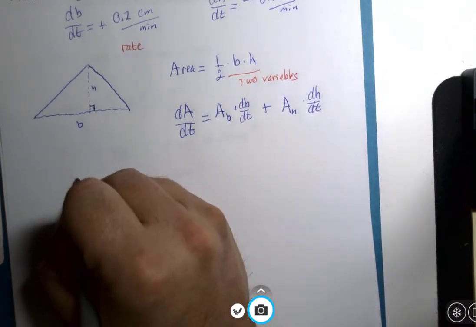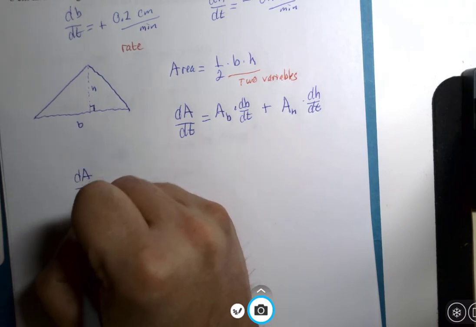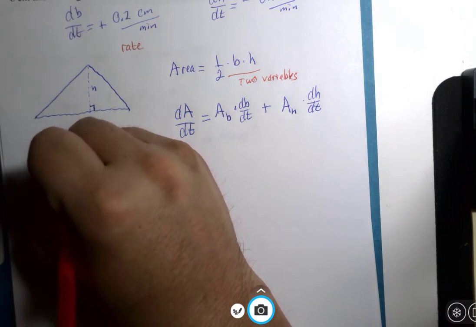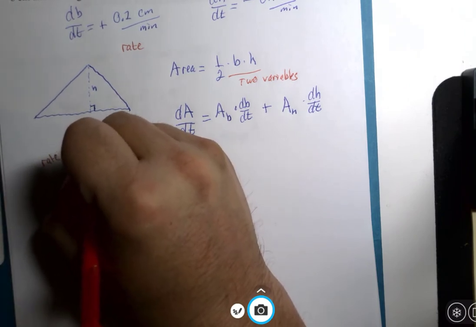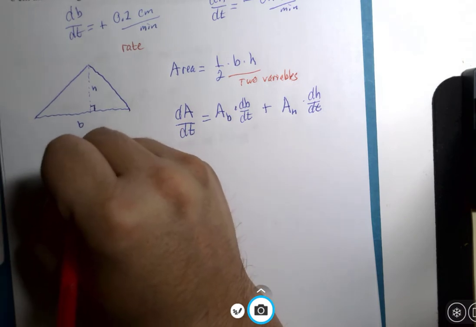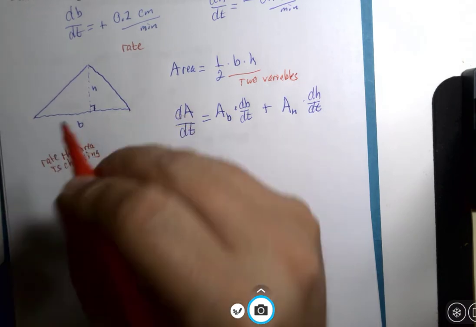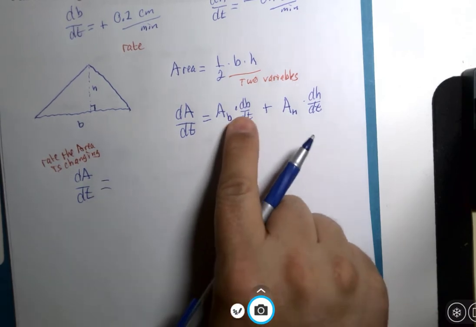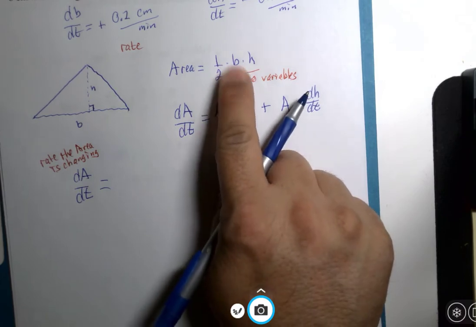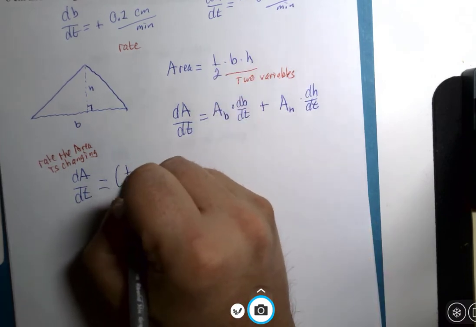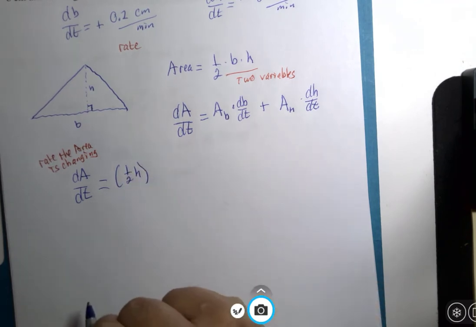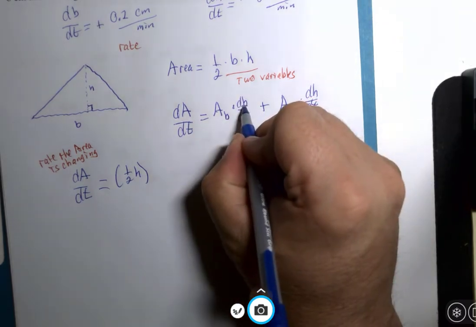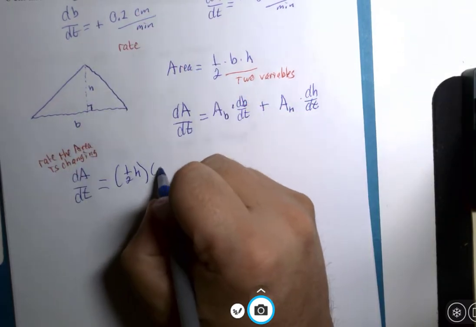So let's do this then. dA dt, which means the rate the area is changing. Okay, the rate that the area is changing. So if b is the variable here, the derivative of b is 1. That leaves you with 1/2 h left over. And we know that dB dt is 0.2.